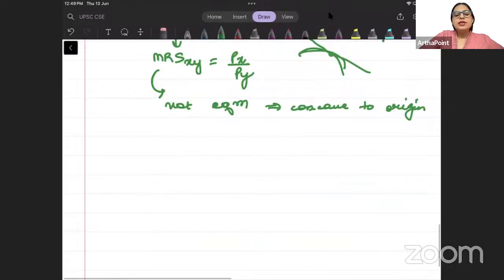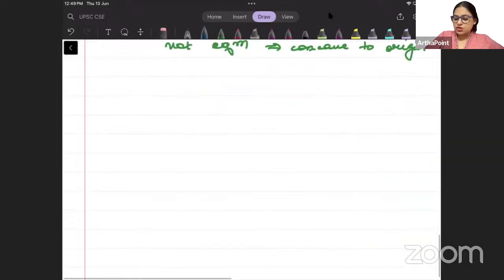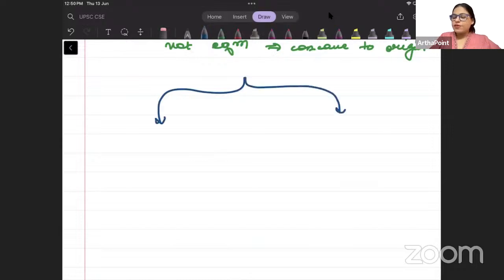Okay. Now let us try to understand some of the advantages of this method. So try to understand now, beta. We have understood two ways of finding consumer equilibrium. The first method we used was the cardinal approach.